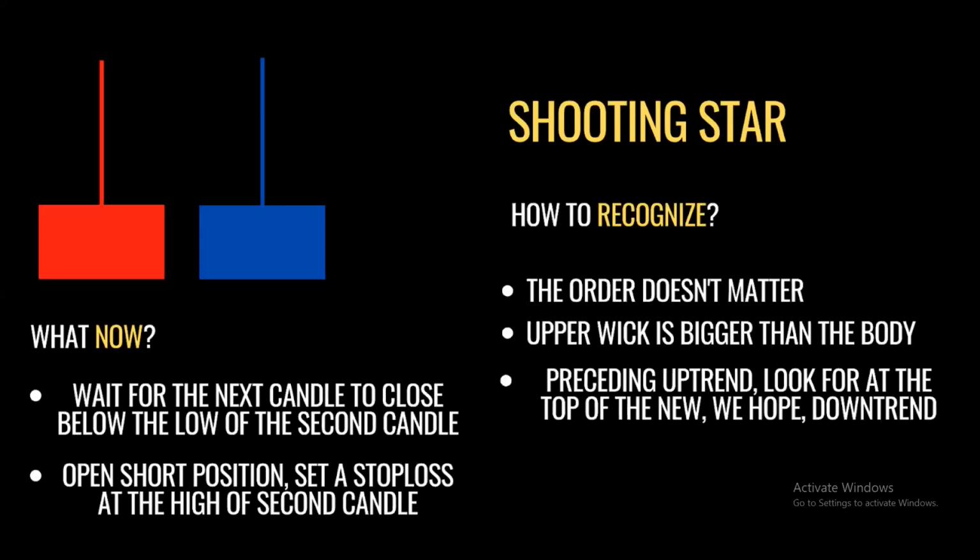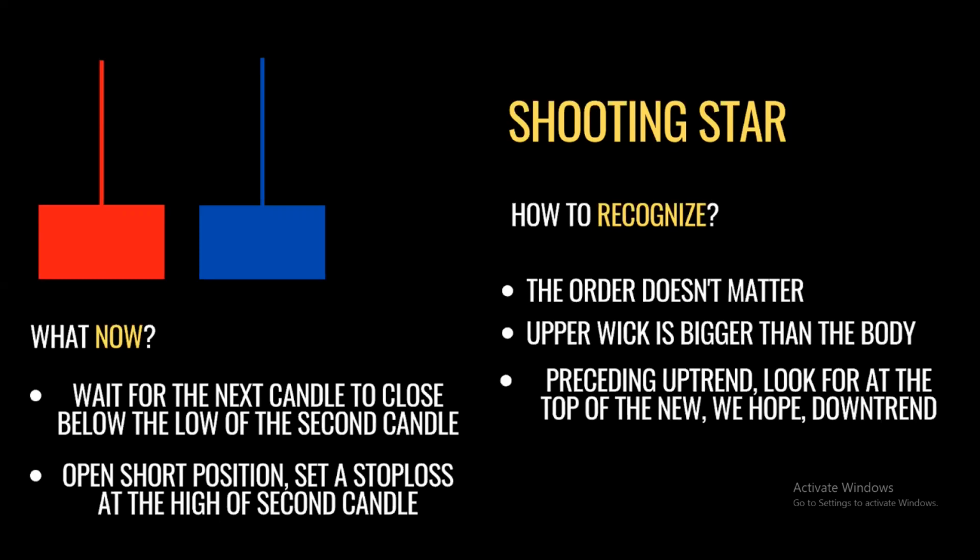The physical appearance is the exact opposite. And it's called a shooting star because it represents a meteorite. Let's say that the body of this candle is the meteorite and the wick of the candle is like a trace of fire behind the meteorite. So it's really simple to understand.